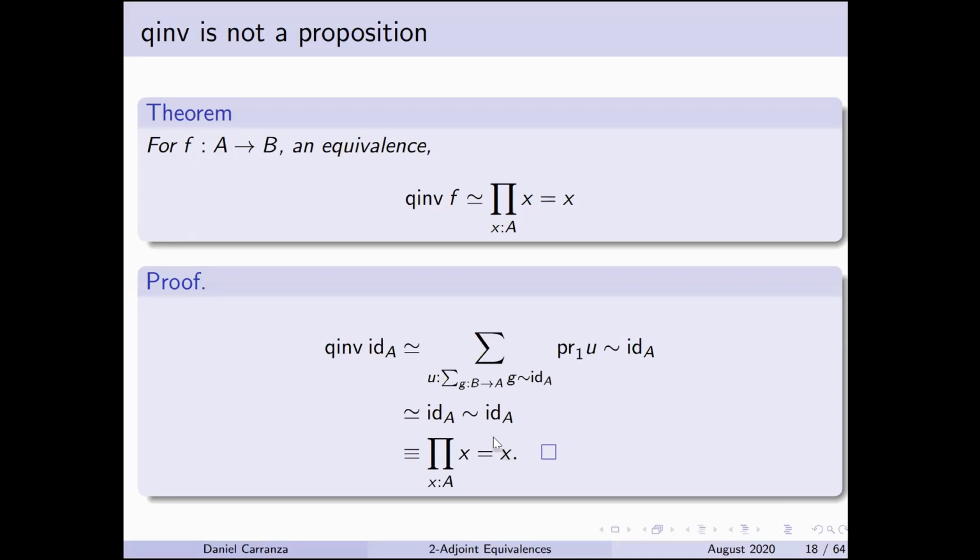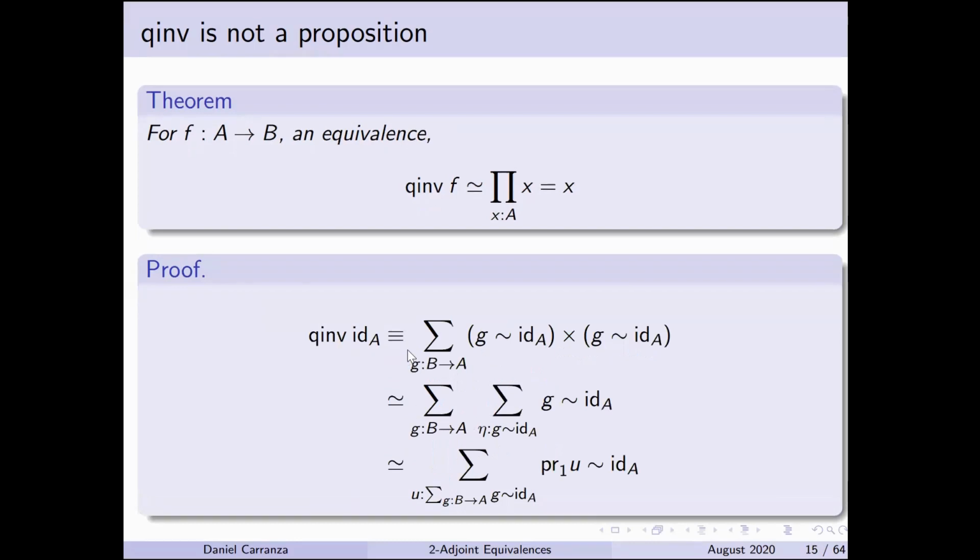So just to recap, what we're doing here is we take this type, and essentially what we want to do is pair off these two pieces of data. We want to pair off the inverse with one of the homotopies.